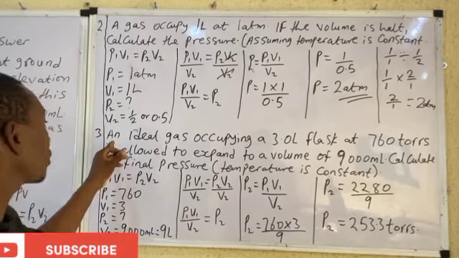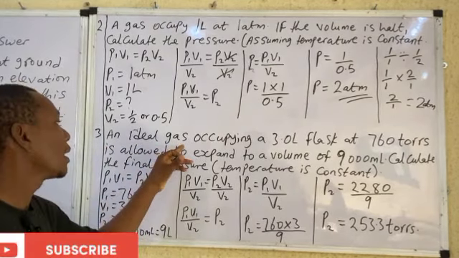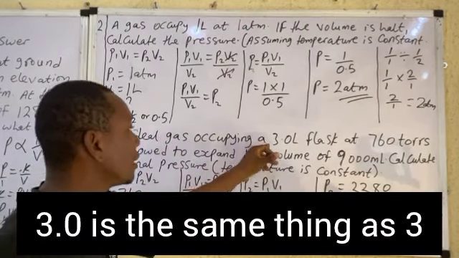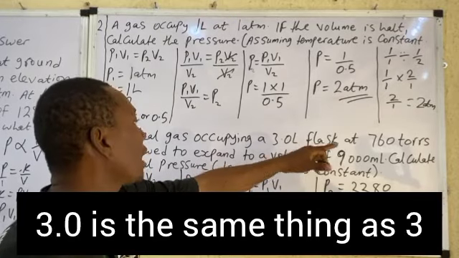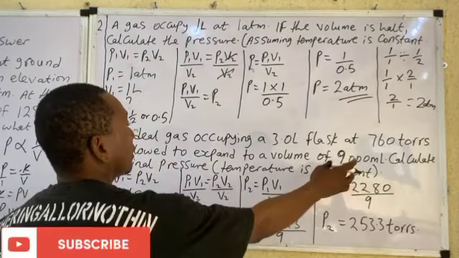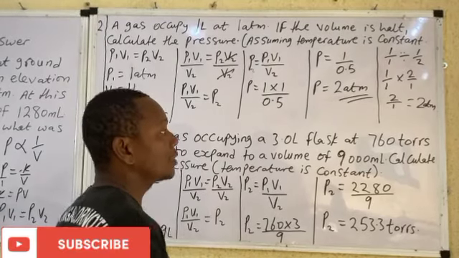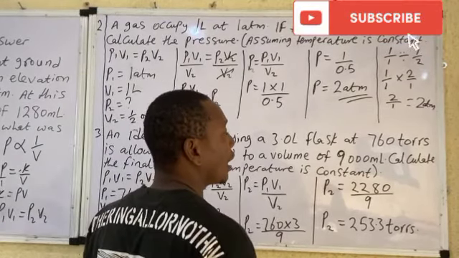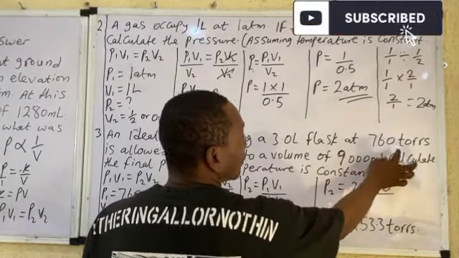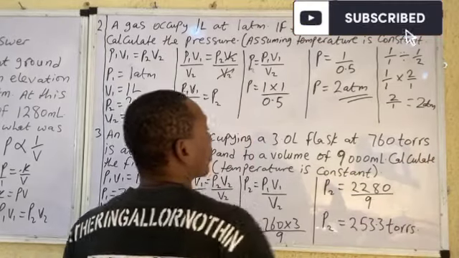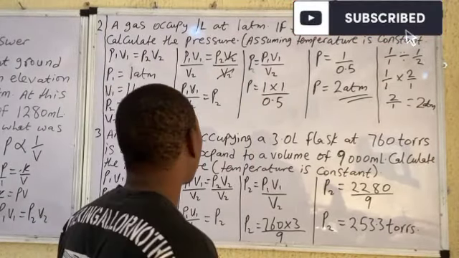All right. And the last one is an ideal gas. Remember, I mentioned that we have many units for pressure. We have atmosphere, we have torr, we have Newton per meter square and all that.